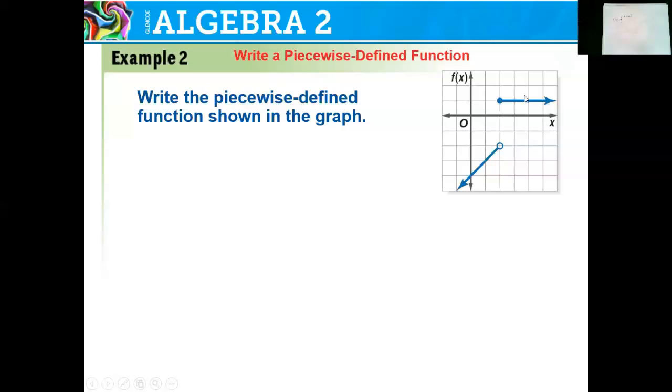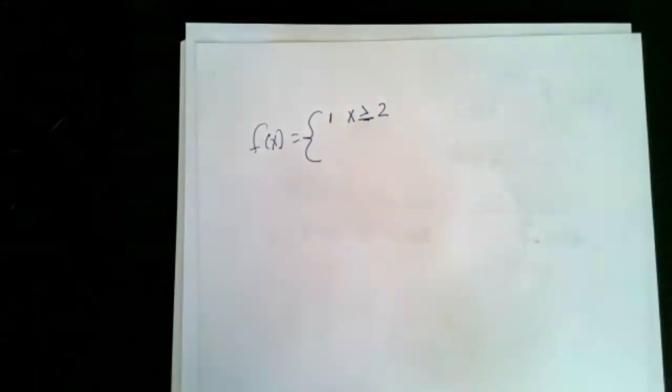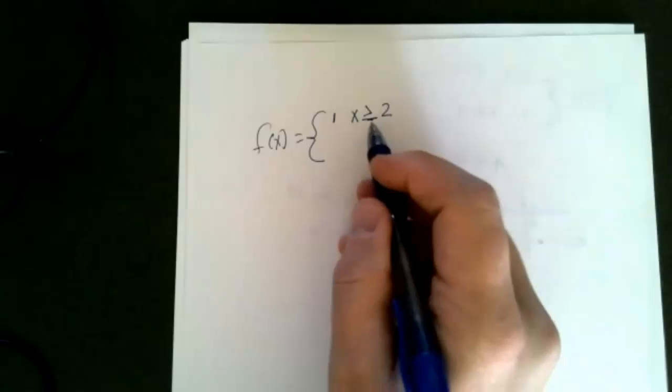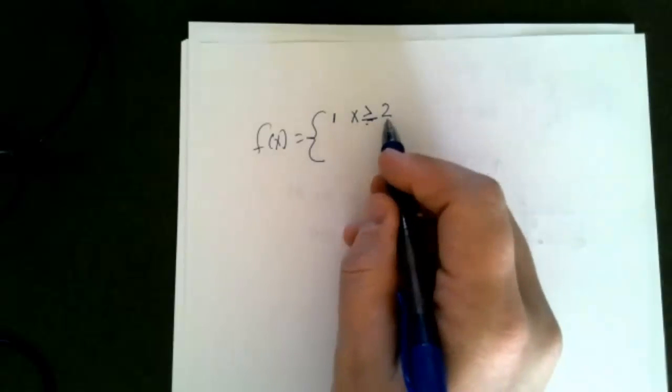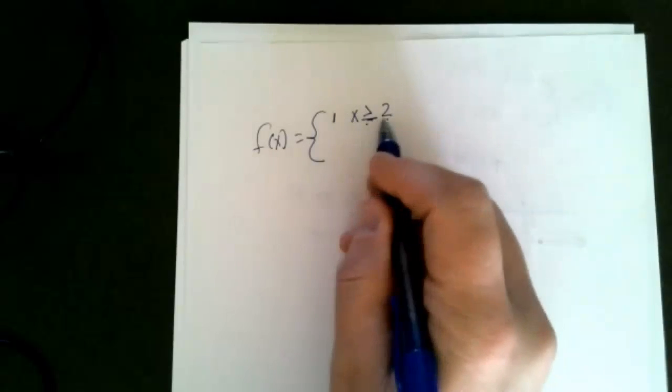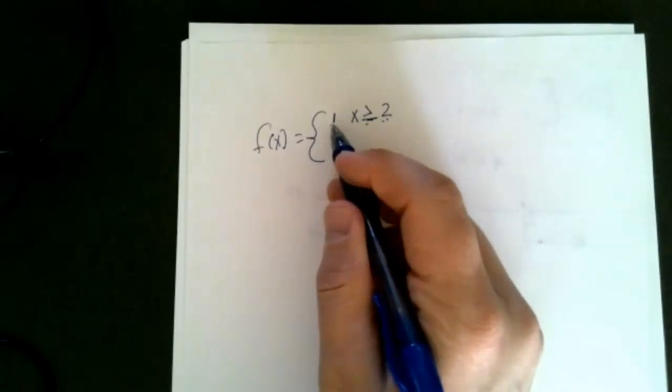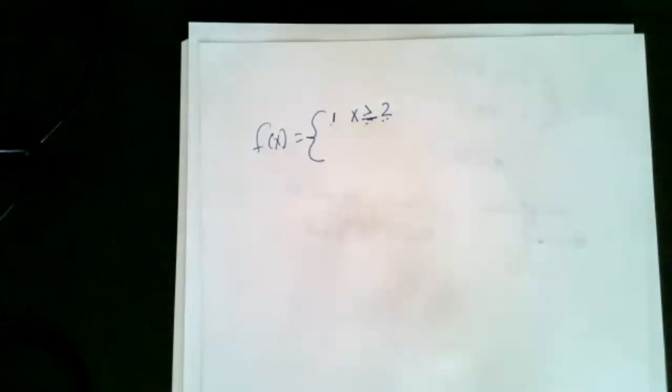It's my constant. That x value is 2. So that's my border. So to express that, I would write f of x is equal to 1 when x is greater than or equal to 2. It identifies the closed dot, it lists out what the value is, and it gives me my starting point, and it gives me what the f of x value is. It's pretty easy to write a constant function.